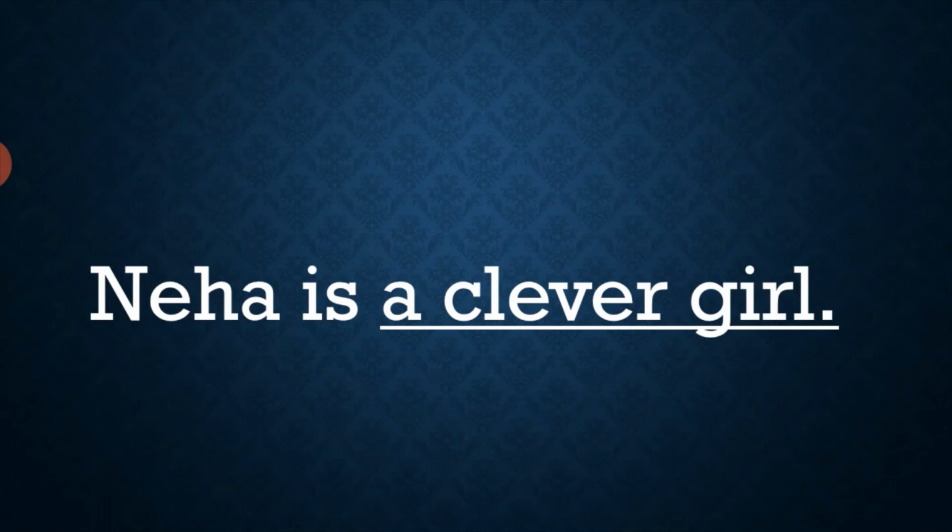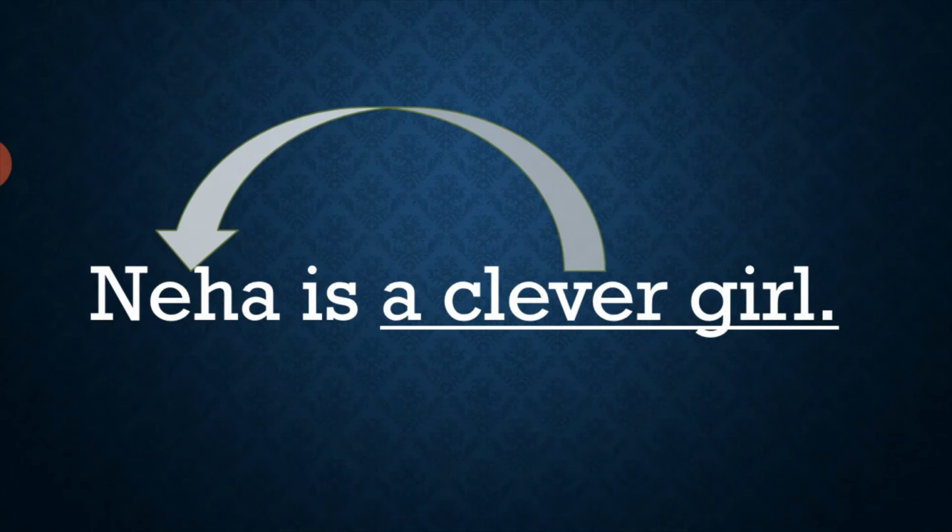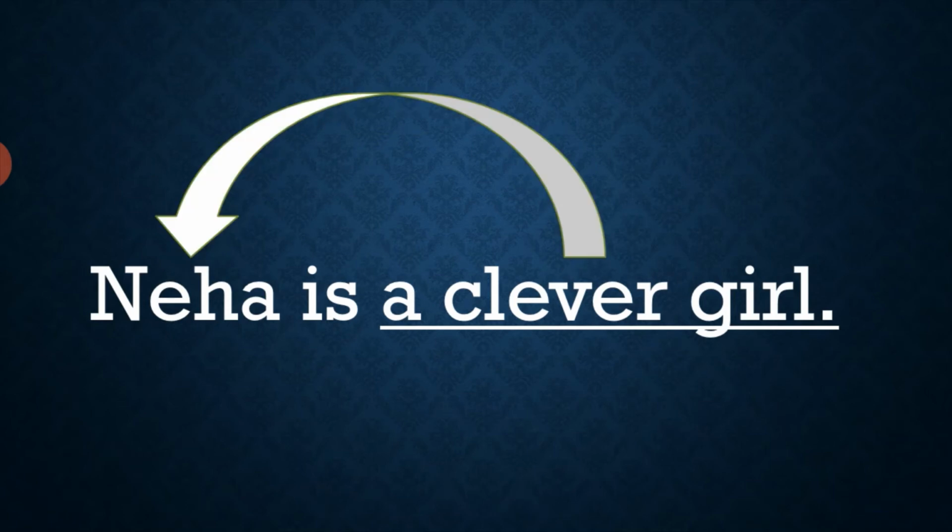Number two, there is no subject and verb. Therefore it is a phrase, and this phrase has come for the subject, therefore it is an adjective phrase. So what is the function of an adjective? To tell something about the noun, and the same function is done by an adjective phrase, and also by an adjective clause.